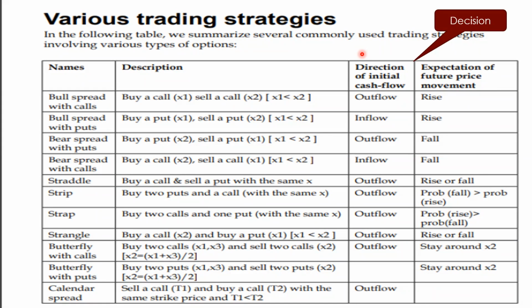In the strip case, we are estimating that our investment is moving out, but the probability of decreasing is greater than the probability of rising. In such a case, we can go for the strip strategy. Strip strategy is nothing but the same zigzag options, for a very, very short time.